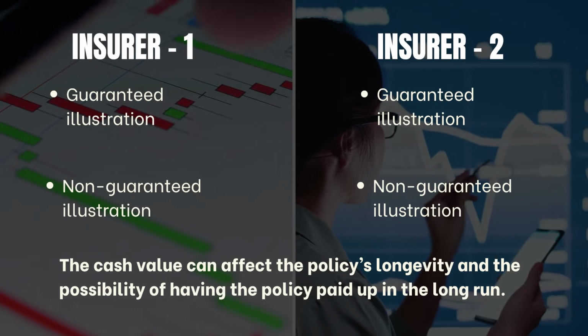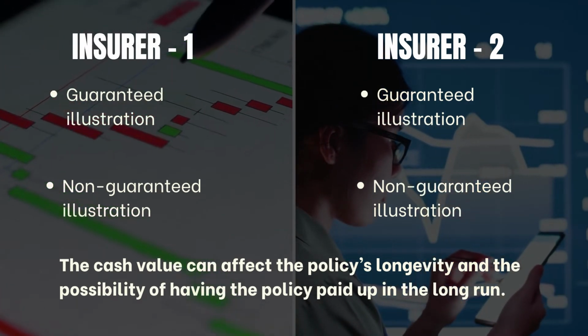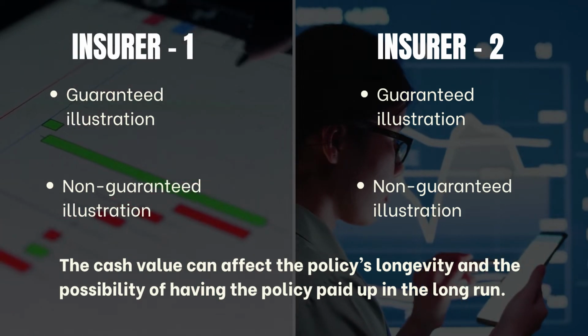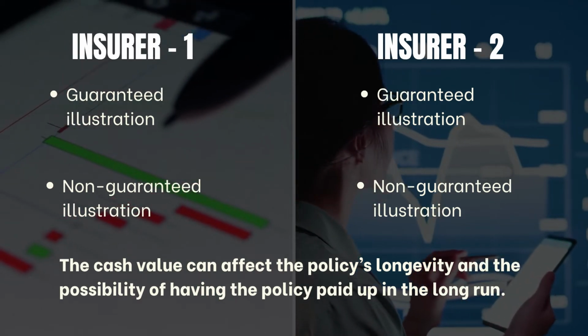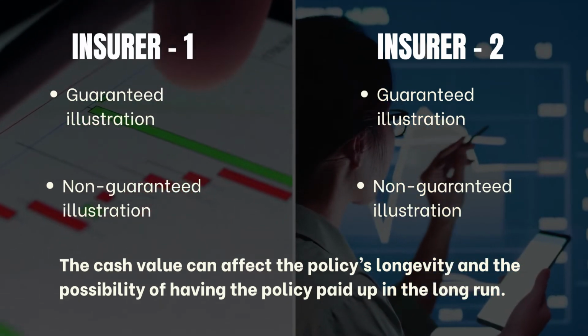The best way to figure this out is to take the illustration from the comparing insurers and look at it side by side. It is very much in black and white as to the cash value accumulated through time. I would compare both the guaranteed and the non-guaranteed illustration of their performance. Even for those who don't care about cash value and only purchase the products for long-term coverage, it is still important to understand that the cash value can affect the policy's longevity and possibility of having the policy paid up in the long run.